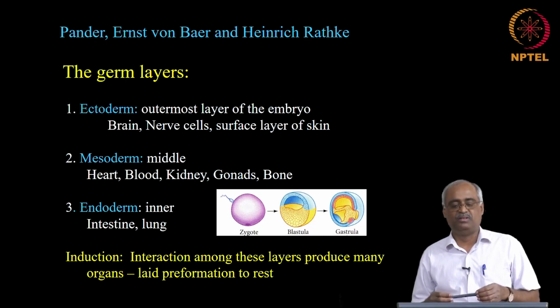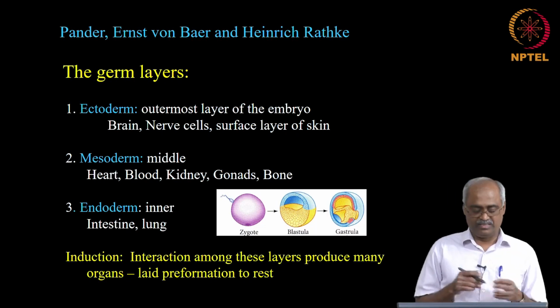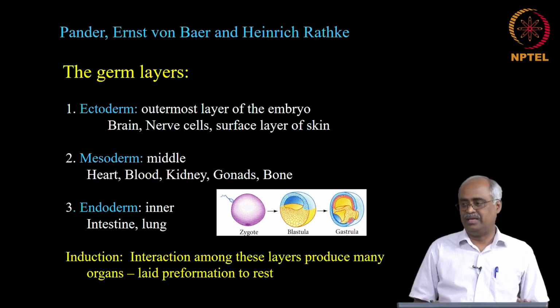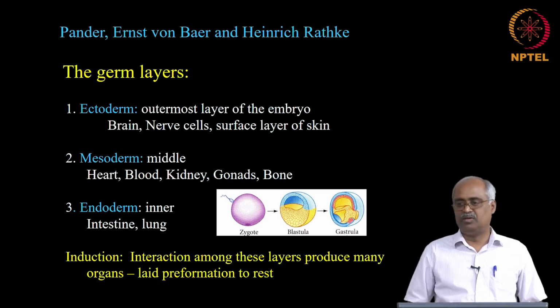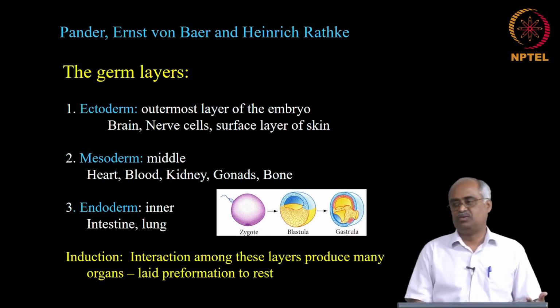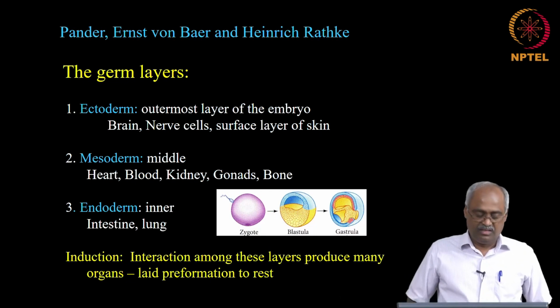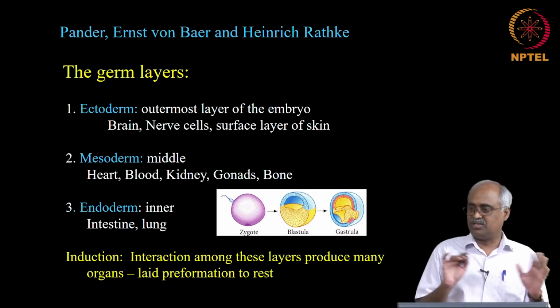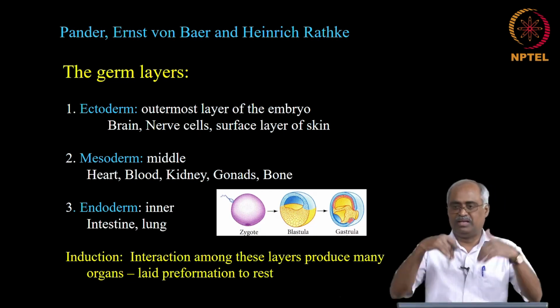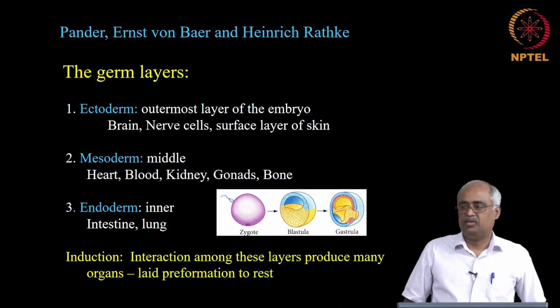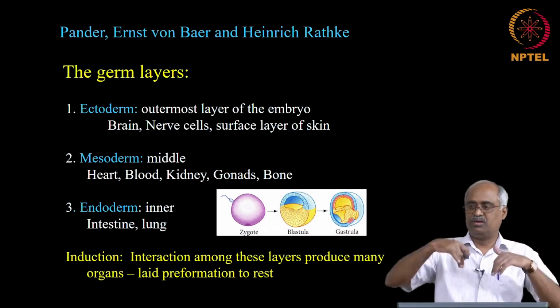So these people made a lot of observations and made some really useful summaries of that. And one of the main points that they observed is the formation of 3 layers. So for the first time they recognized the 3 layers: ectoderm, the outermost, and then the mesoderm, the one that went in during blastopore expansion.